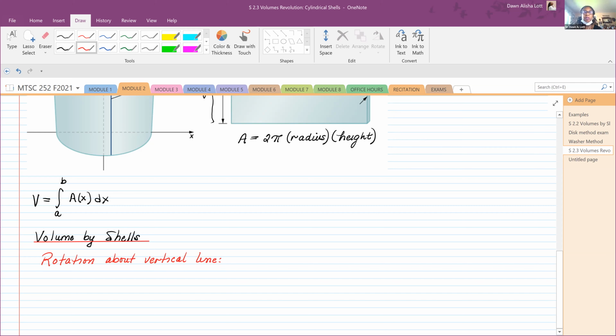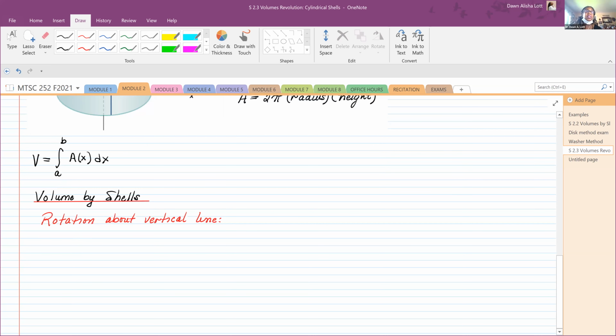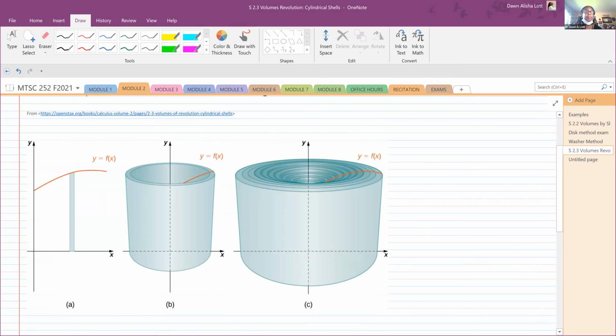A rotation about a vertical line is exactly this picture we were looking at up here.